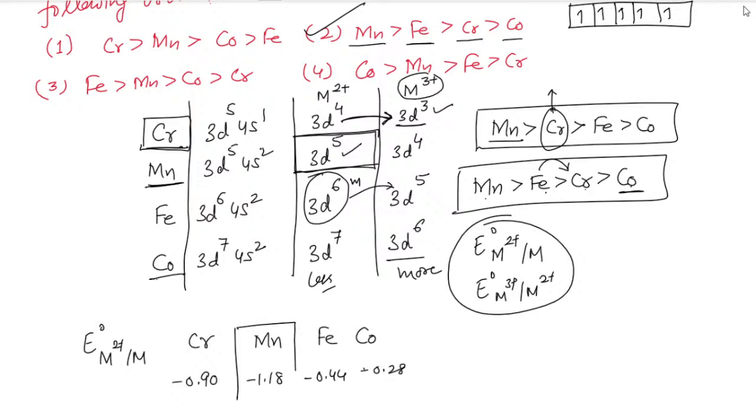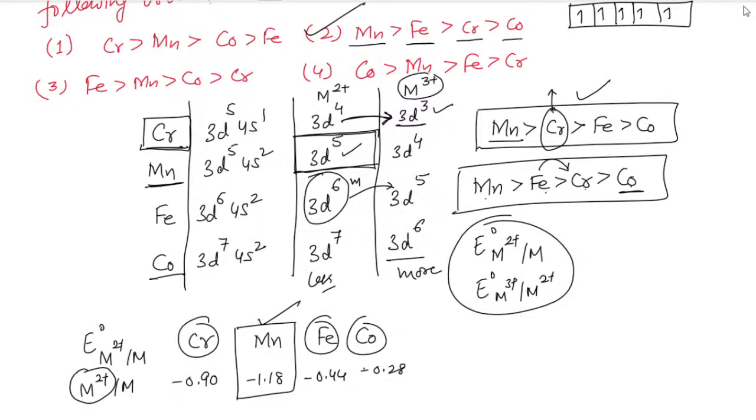The value of M2+ to M is least for manganese, which means M2+ for manganese is most stable. Then it comes to chromium, then iron, then cobalt.